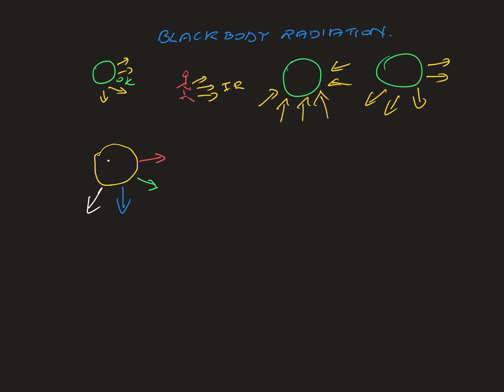Depending on the temperature of the object, we might have, say for instance, an object radiating lots of red. And we have another object that might radiate lots of green and some red and then some blue and white. And another object might be radiating lots of blue and the others.